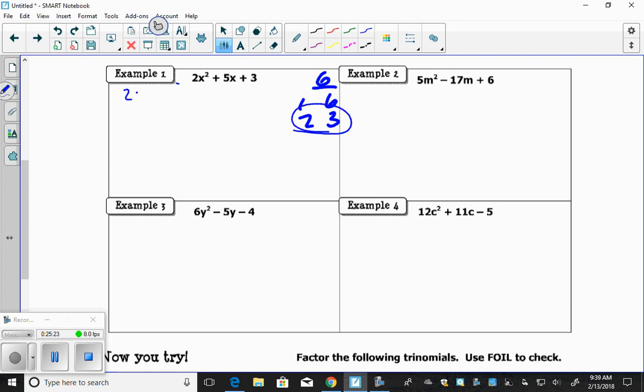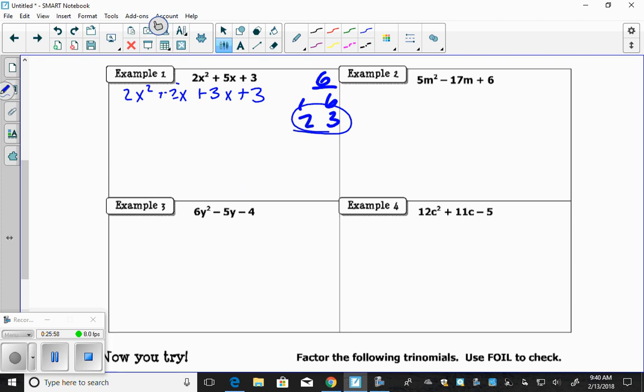So rewrite. Kashani, are you with me right now? Yes, it's 2x squared plus 2x plus 3x plus 3.